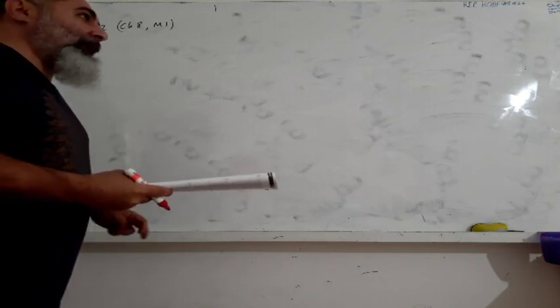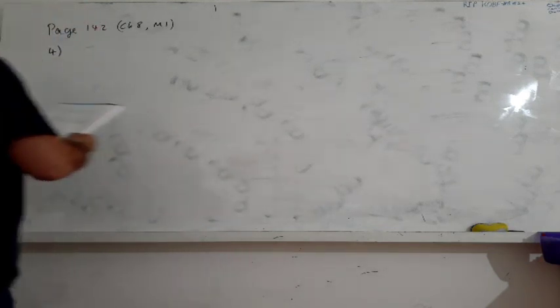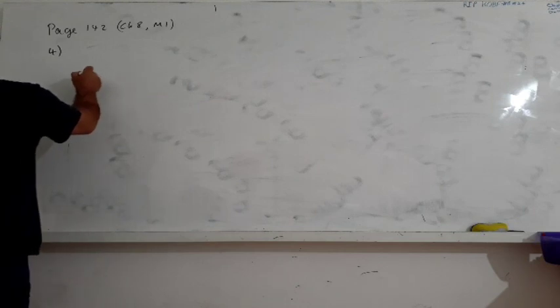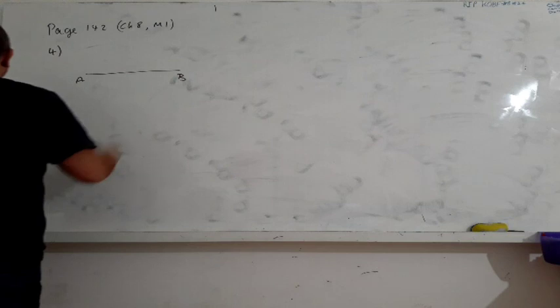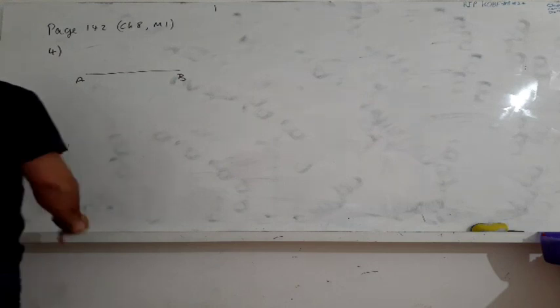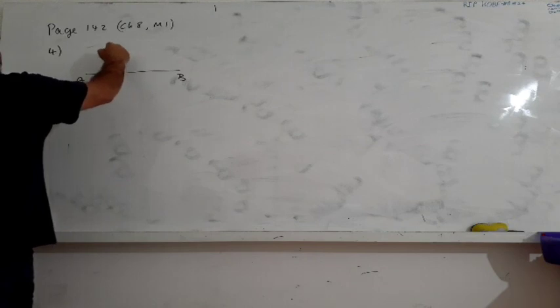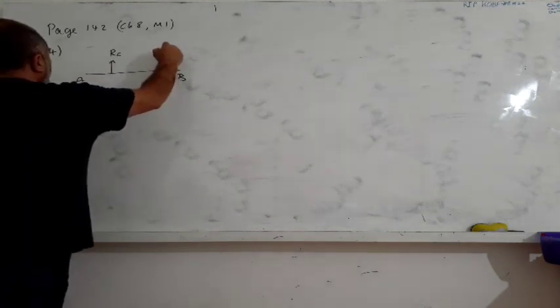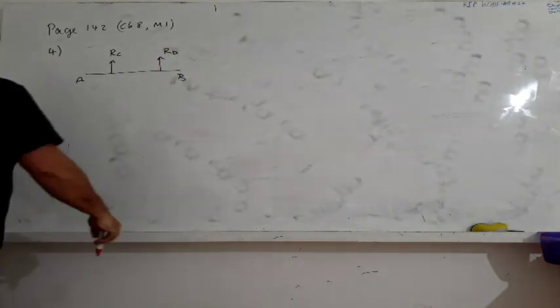We have two pivots there, so that means we have two normal reaction forces at point C and D. From A to C is 1.5 meters. And from D to B, it is 0.5 meters.